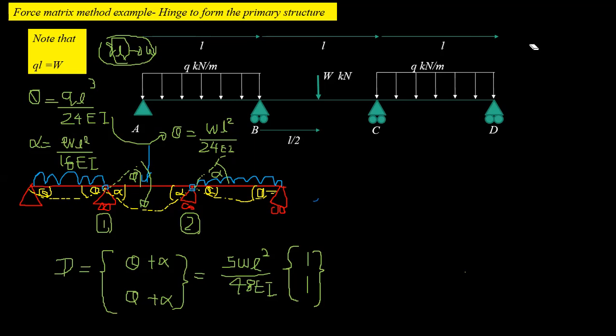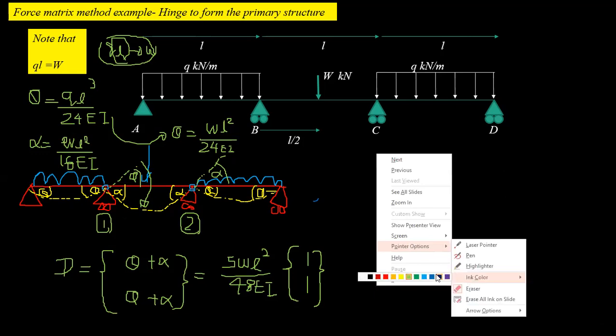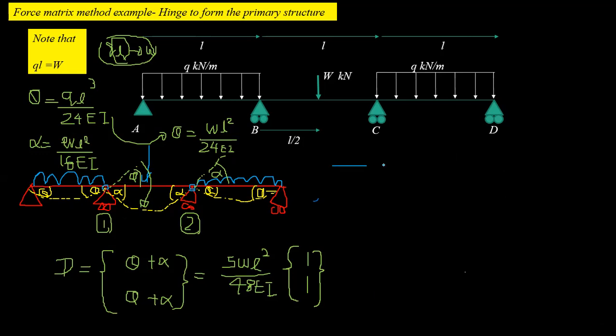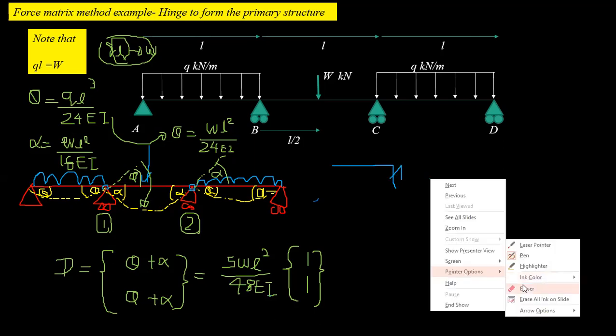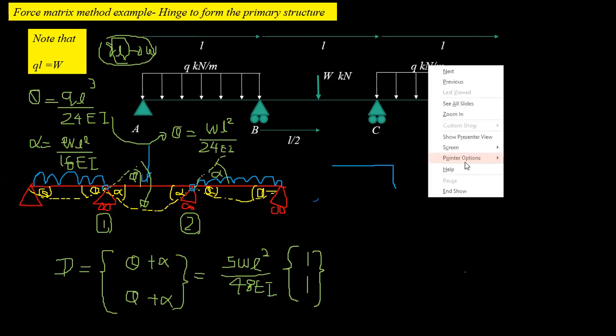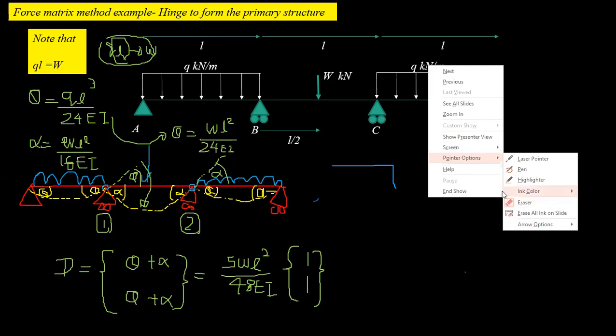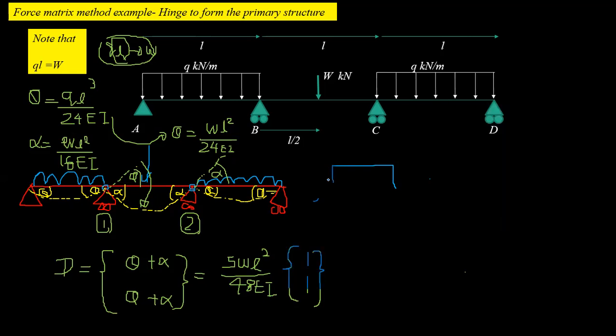Okay, so now there's a hinge, right? So you can separate those. It's just like simply supported, right? So for actions, you need the vertical reactions, right?